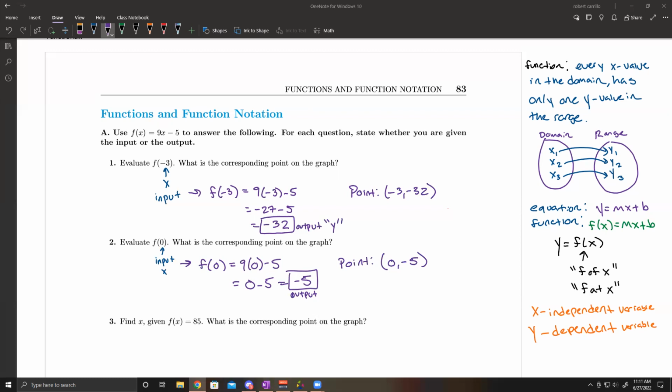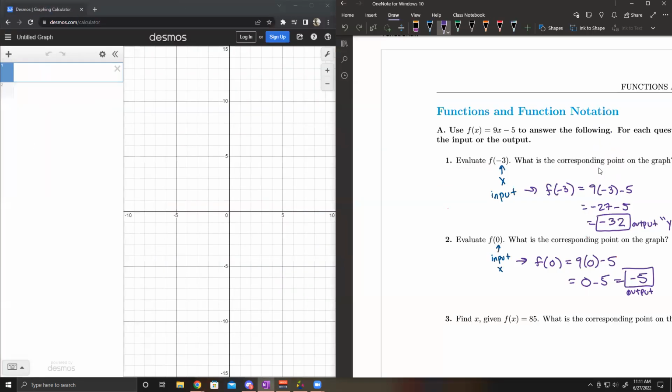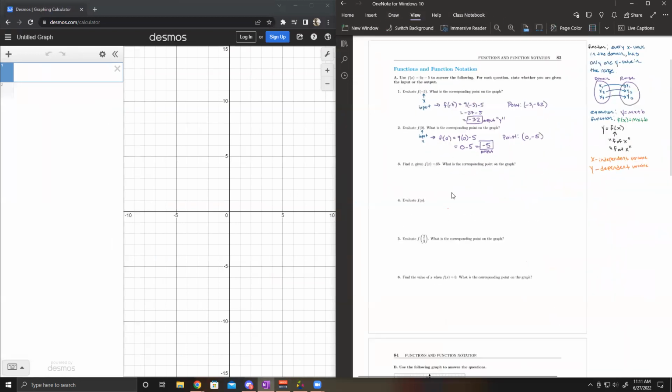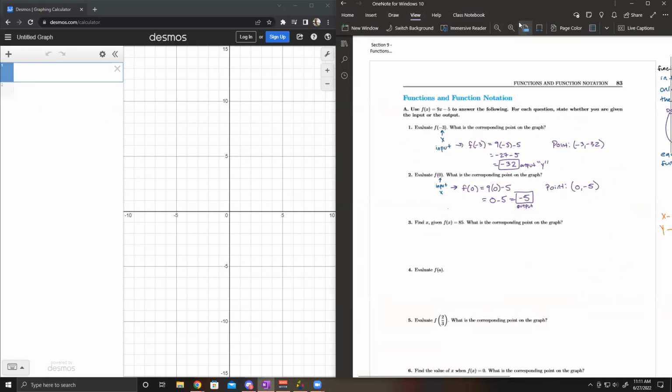Okay, and just to show you, since it's always not algebra, we can actually plug this on a graph. So I can say 9x minus 5, and I can look for the points we just created.